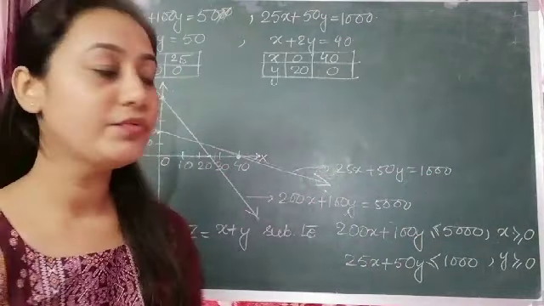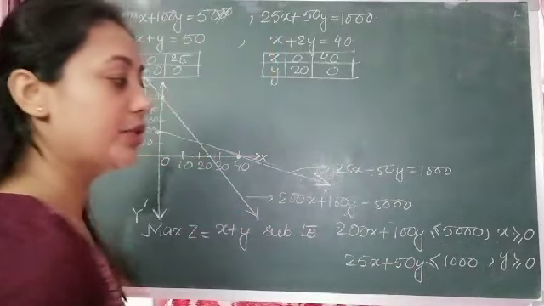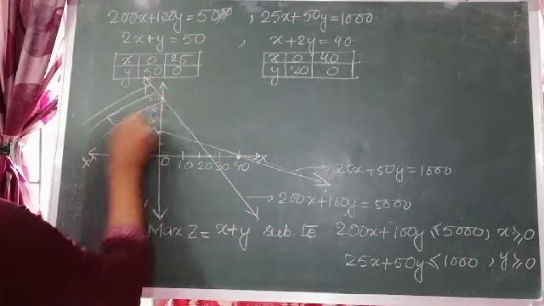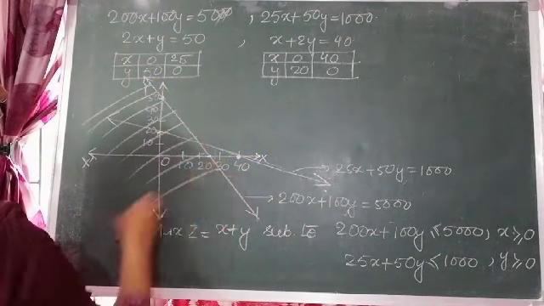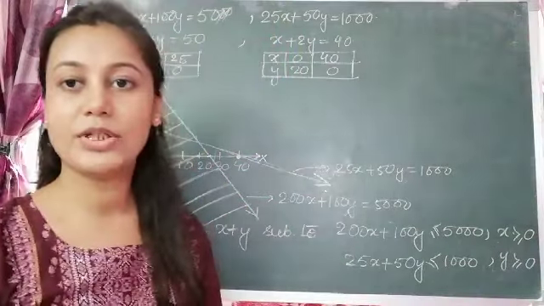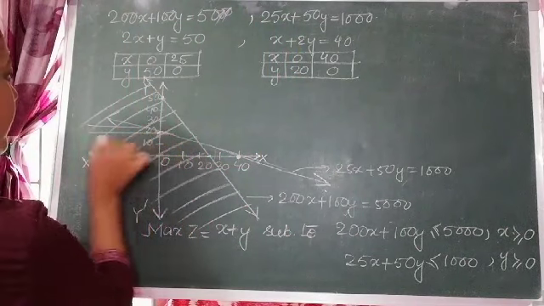Next we will shade and find out the feasible region. So 0 plus 0 less than equals to 5000. Yes, 0 is less, so it will be towards the origin. And for the next also 0 plus 0 less than equals to 1000, that is true. So again shade that part that is towards the origin.